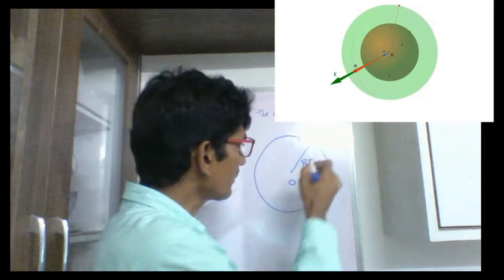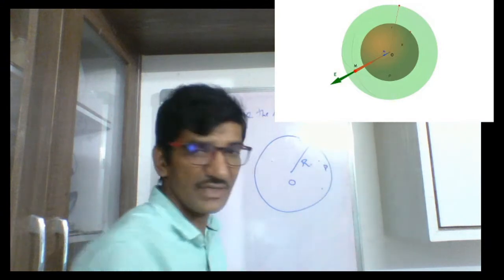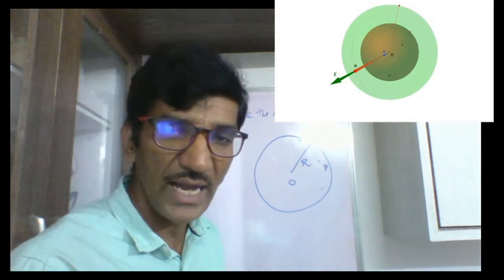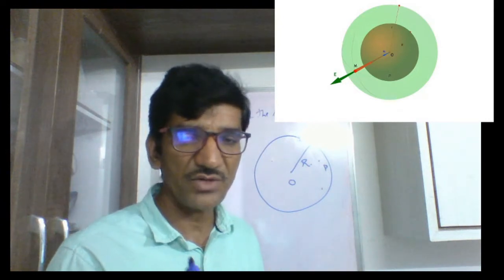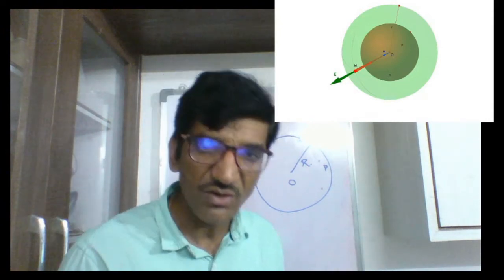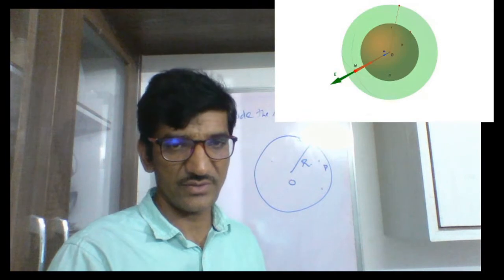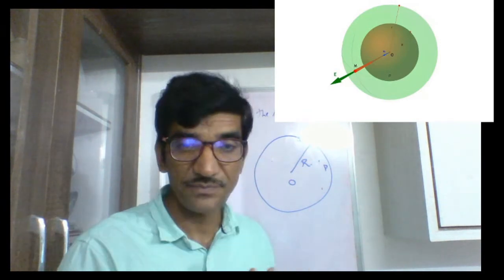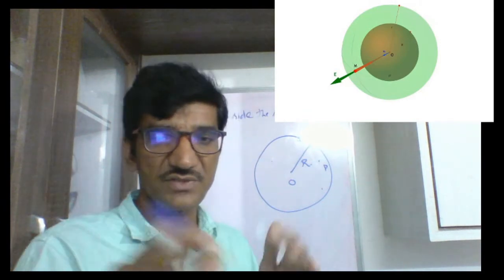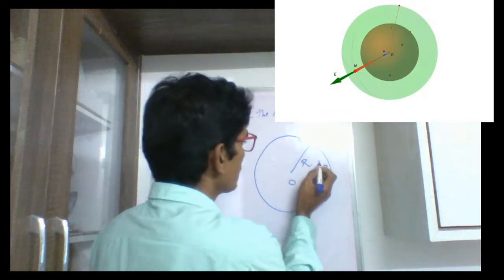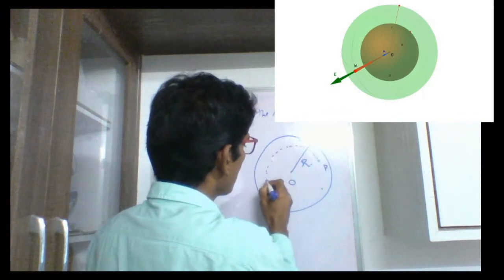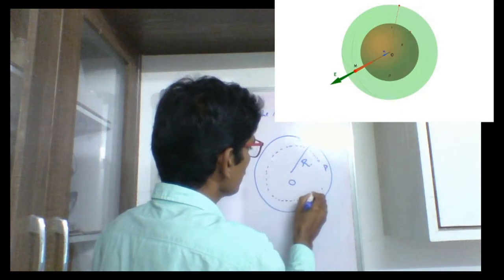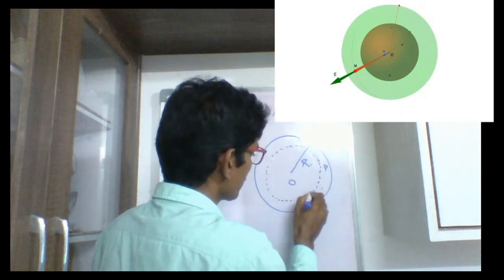In order to find the electric field at this point, you have to imagine the Gaussian surface, which is obviously the shape of a sphere in this case. Now I am drawing a dotted circle inside the original sphere surface.